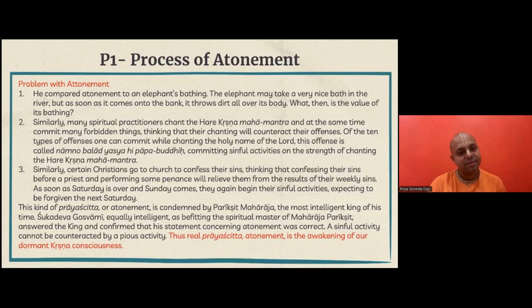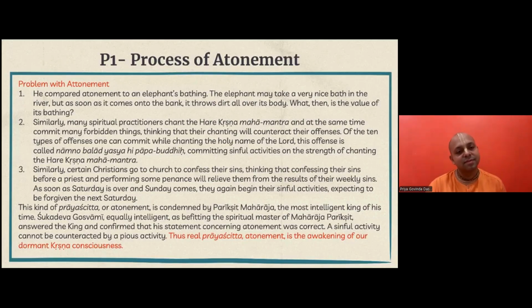Third, similarly, certain Christians go to church to confess their sins, thinking that confessing before a priest and performing some penances will relieve them from the results of their weekly sins. As soon as Saturday is over and Sunday comes, they again begin their sinful activities, expecting forgiveness the next Saturday.